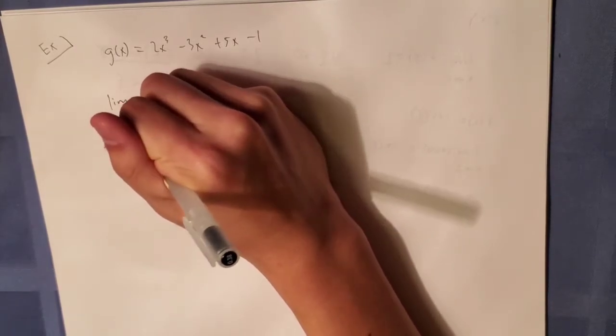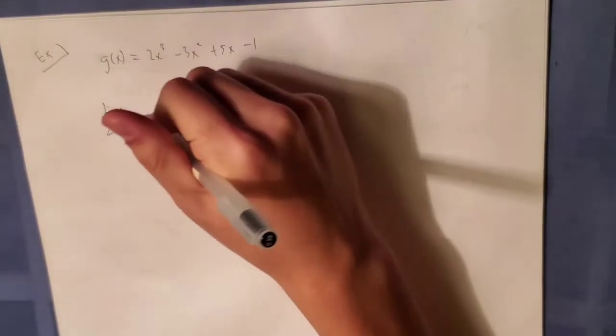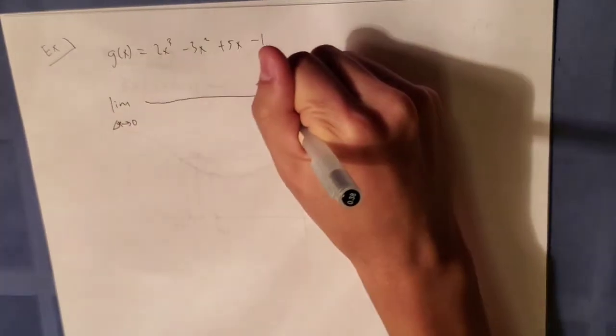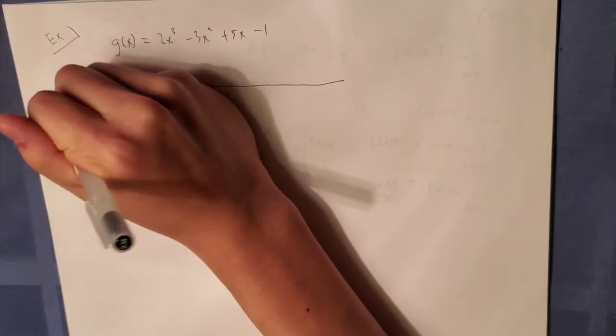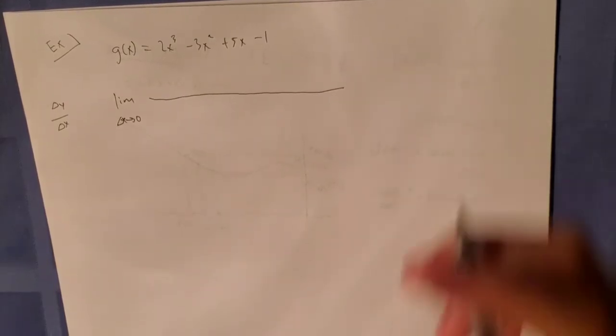So limit as delta x approaches 0. We're going to find the slope of this function at a certain point. So remember, slope equals delta y over delta x. I should probably draw a picture.